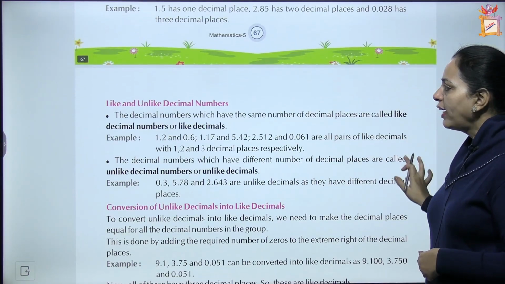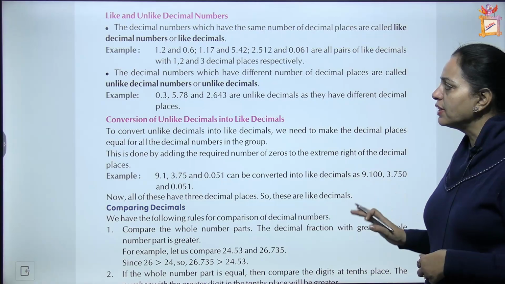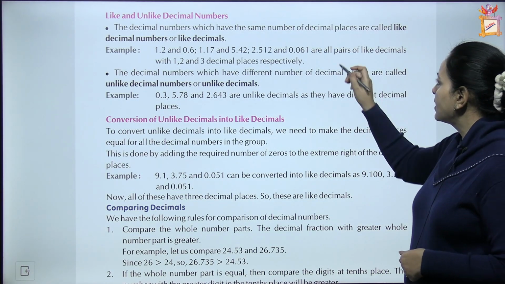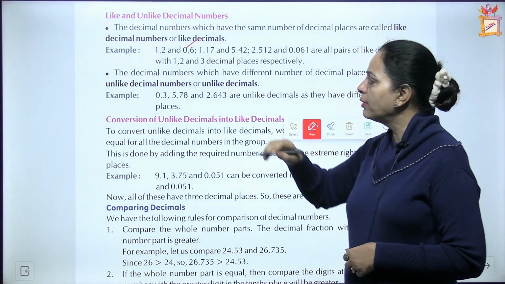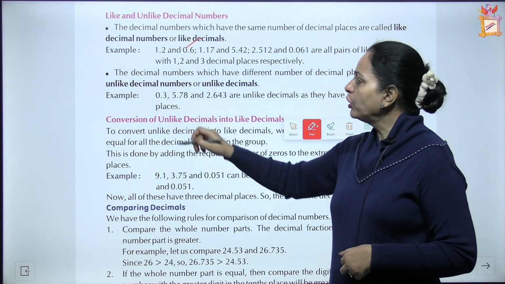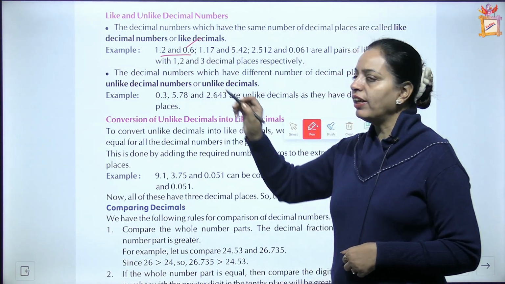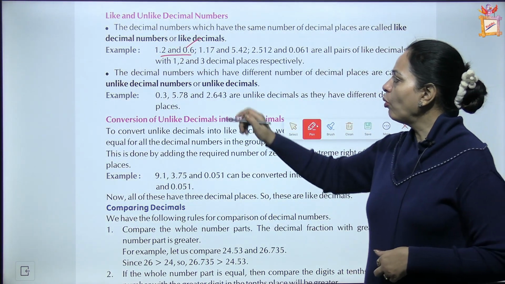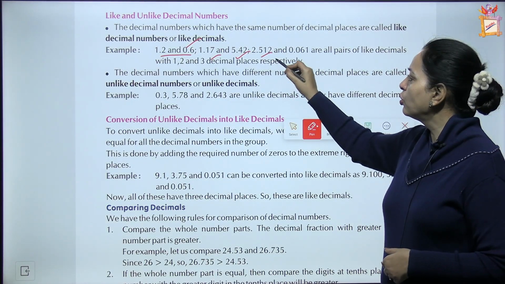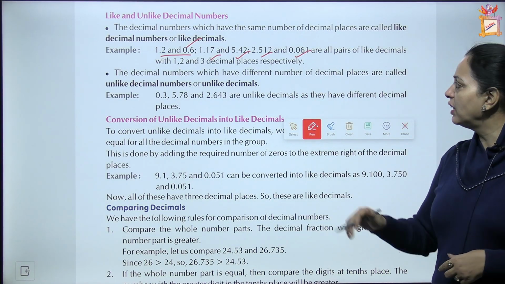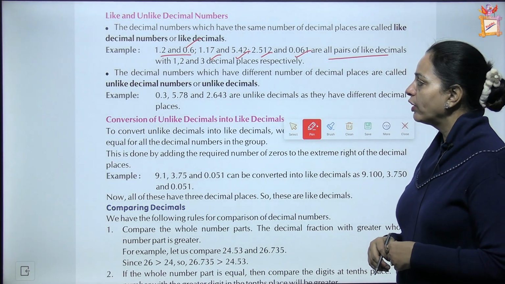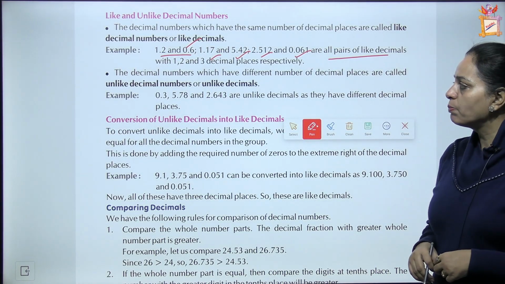So now, like and unlike decimal numbers. The decimal numbers which have the same number of decimal places are called like decimal numbers, okay, or like decimals. Example, 1.2 and 0.6, they are having one decimal place. 1.17 and 5.42, 2.512 and 0.061, these are all pairs of like decimals with 1, 2 and 3 decimal places respectively.